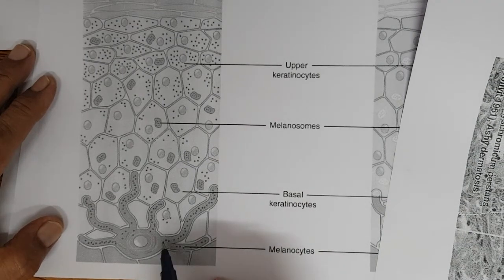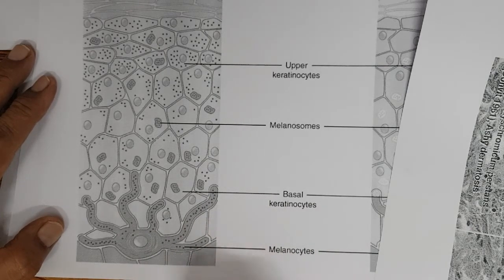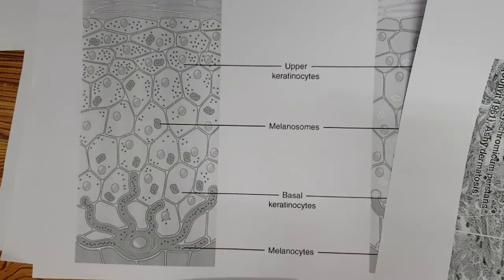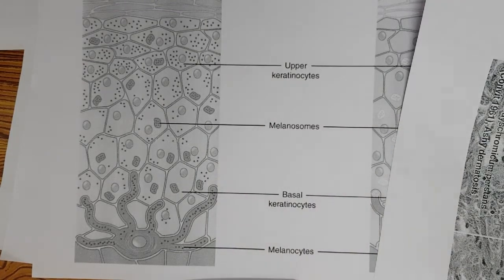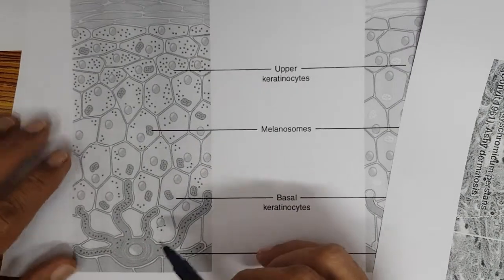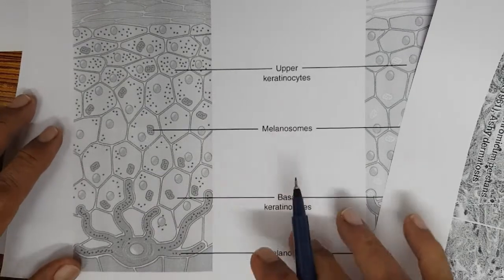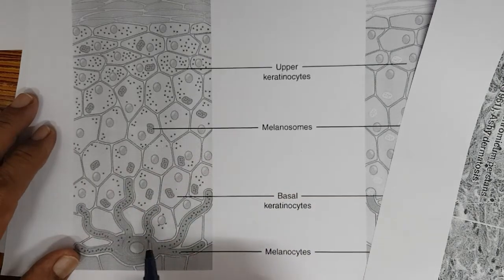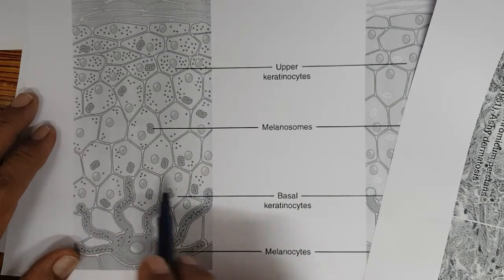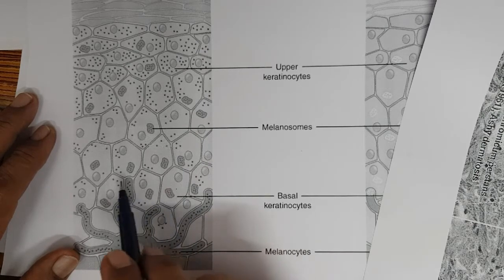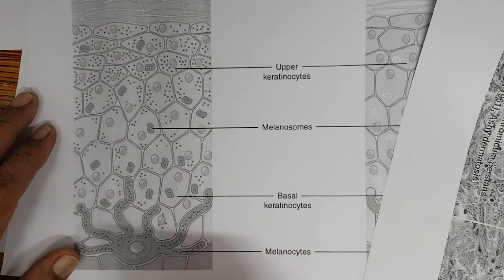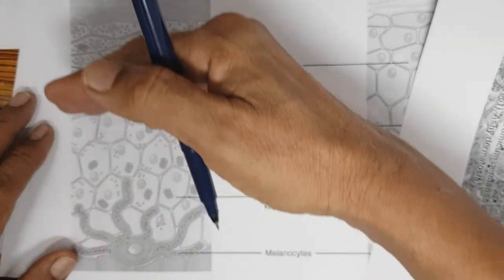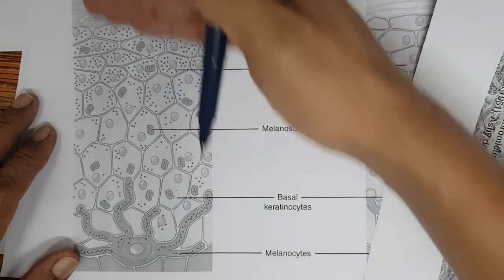Melanocytes produce melanosomes. These are all melanosomes. As soon as melanosomes are produced, melanocytes put out dendrite-like protrusions, like an amoeba, and transfer these melanosomes to the keratinocyte cells of the skin. We saw the structure of the skin, the keratinocytes, and we said that skin is dynamic, it moves up and the cells come out.